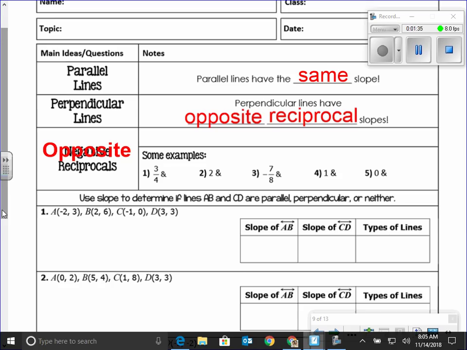If we start with 3/4, what would the opposite reciprocal of 3/4 be? -4/3. And what would the opposite reciprocal of 2 be? -1/2.